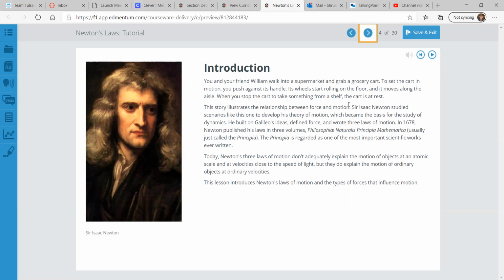Sir Isaac Newton studied scenarios like this to develop his theory of motion, which became the basis for the study of dynamics. That is a part of physics that deals with things in motion, dynamics.